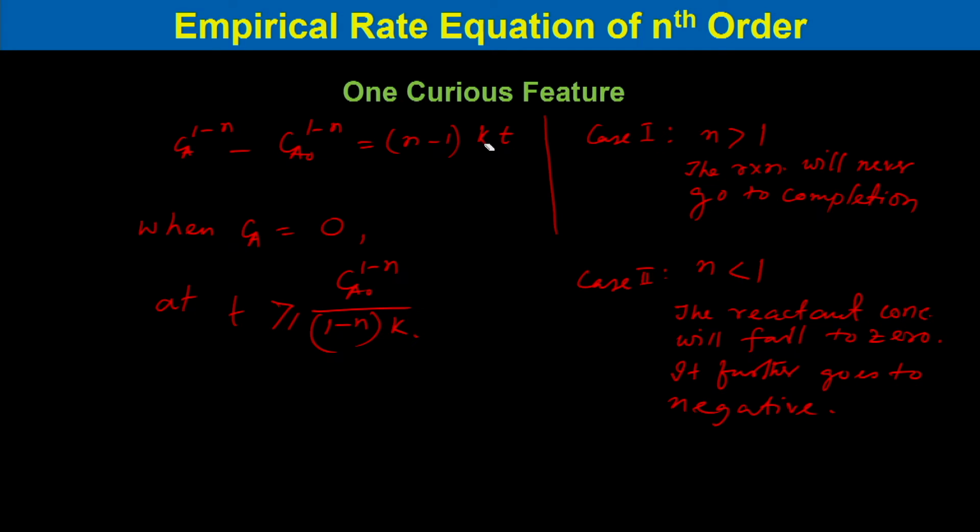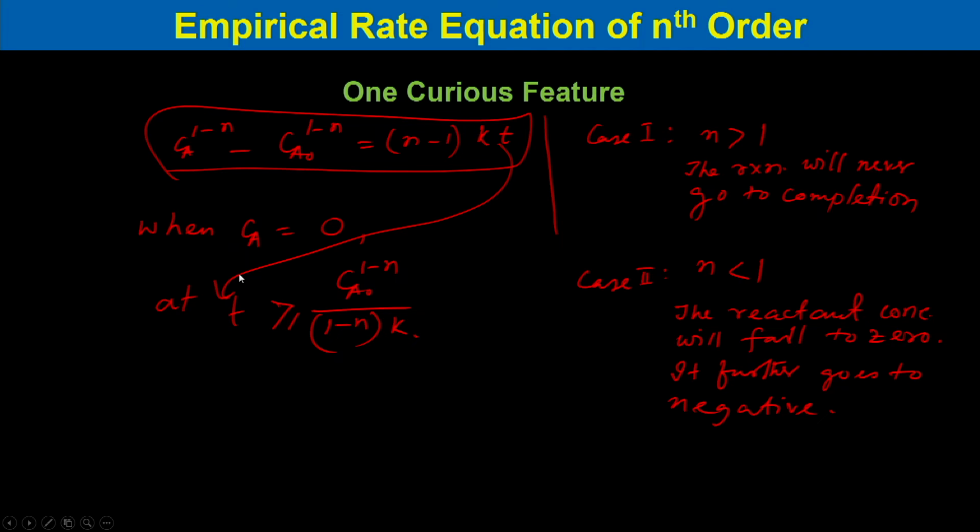If you substitute this t in the rate expression, you will find that C_A would be 0. So, we should not carry out the integration above this time. So, t should be less than or equal to C_A0 to the power 1 minus n divided by 1 minus n into k.